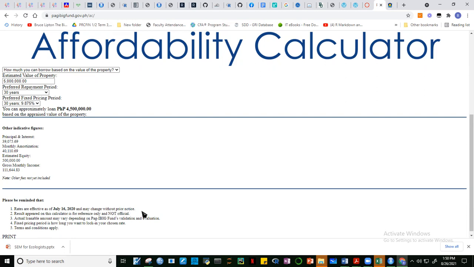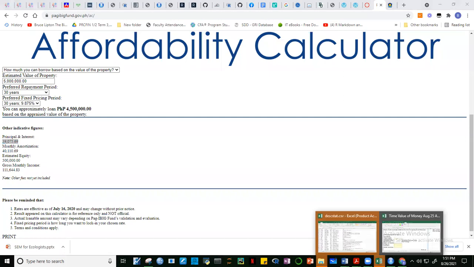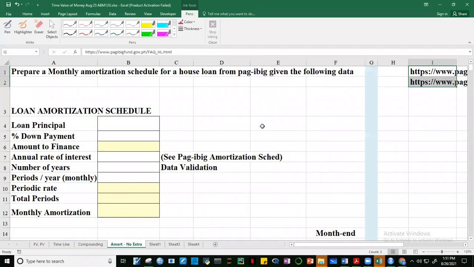Wala pa namang bagong pinapakita, no? Okay, so reference lang to and not official, kasi pwedeng magbago yung interest rates nila. Anyway, ang importante sa atin itong 39,075.69. So let's copy this. Control C. I-copy natin sa template natin here.